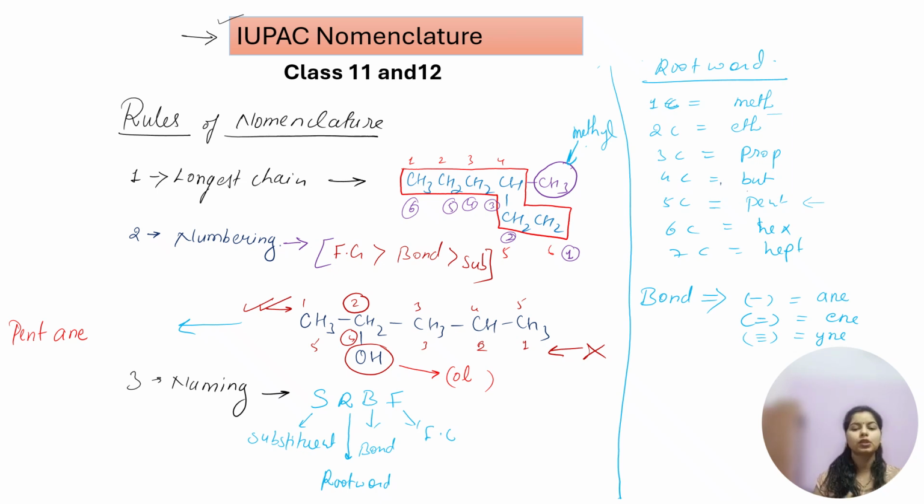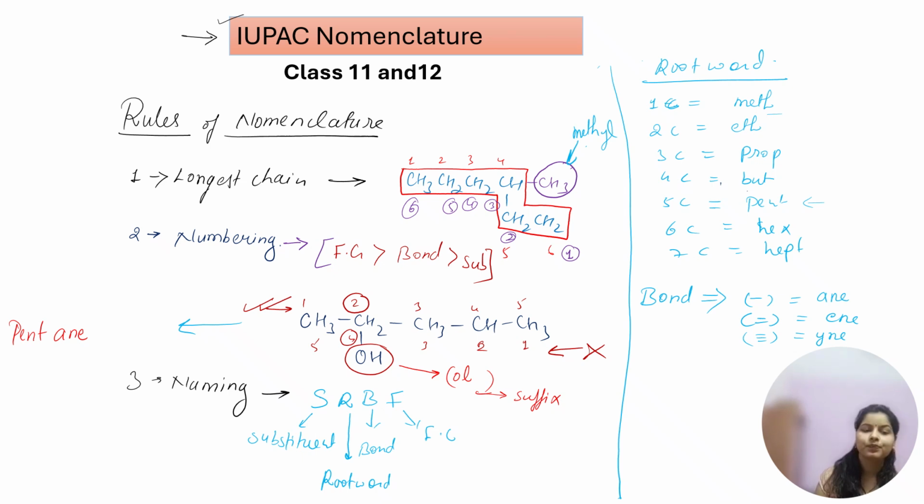We need to go through the priority list. You will write the one which has higher priority as the suffix. If you have one more functional group, then you need to take it as a prefix, not the suffix.